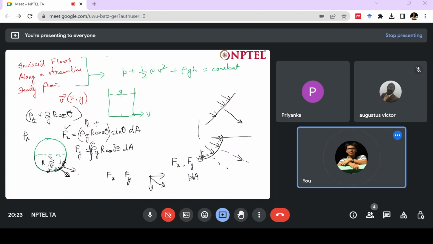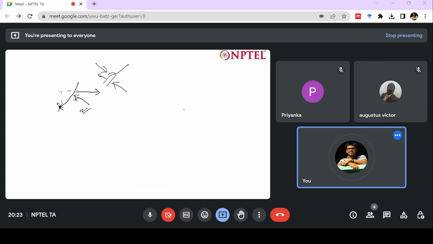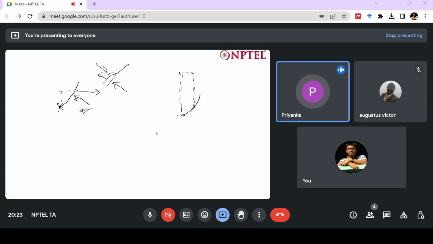Okay, let me try to understand what you are saying. This curved surface is there, and he took the weight of this column, something like this. Then if I take the weight of the water column, I will get the vertical force. For the horizontal force, he took the projection of the surface.